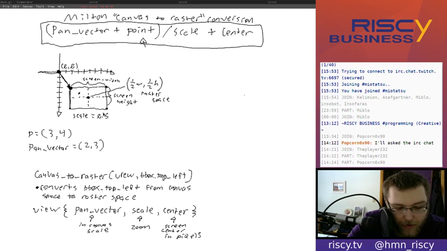So our scale is 0.5. Now I think the way I've drawn this, it's already in the canvas scale, I want to say. I'm not positive on that.